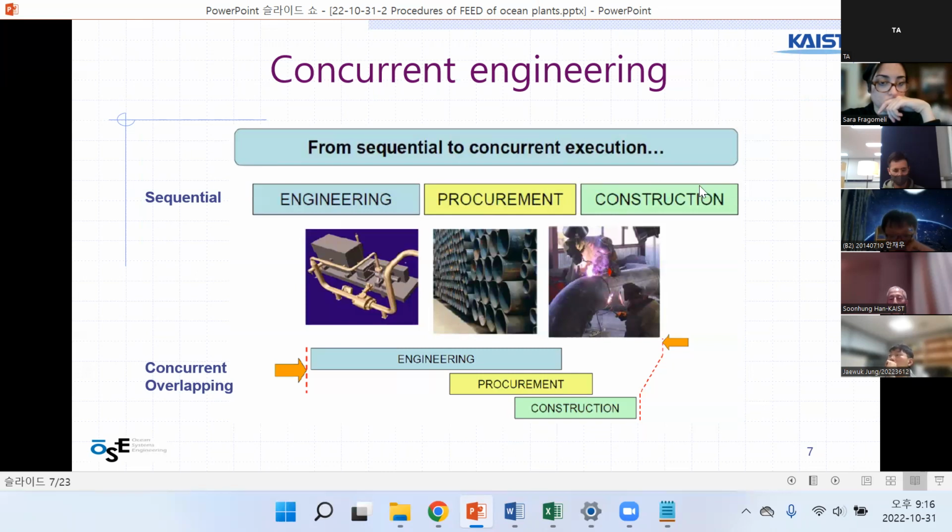And after purchasing, construction started. But nowadays, because of competition in the market, we need to reduce the time to market, so the works overlap each other. They are not sequential, they are parallel now. So we call this concurrent engineering.